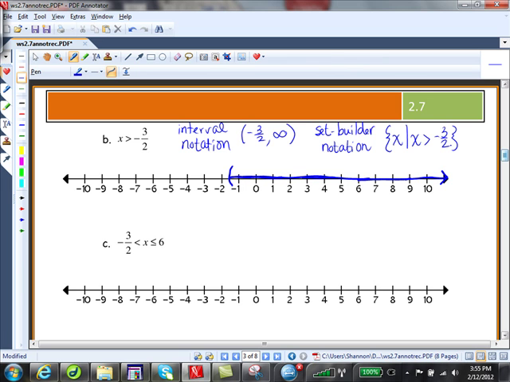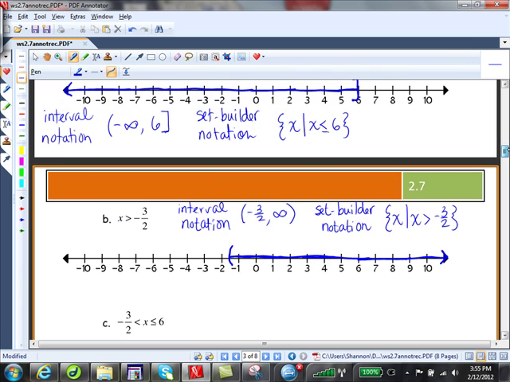Okay, let's put it all together. Do you see these two that we've just done? This next one is saying that we want the solution set where both of them are true. So do you see that we're looking for the overlap, the intersection of these two?